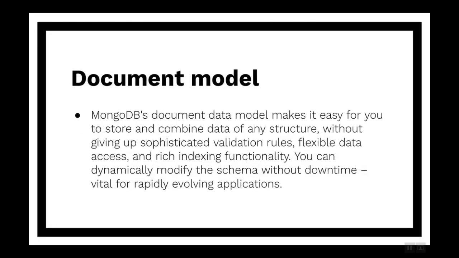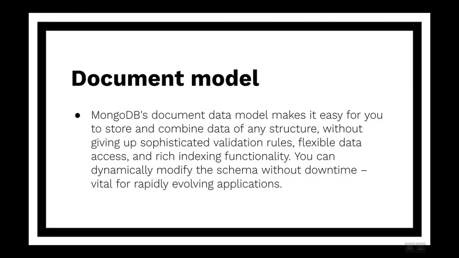All right. So moving on to the data model, like I mentioned, MongoDB's data model makes it easier to store and combine data of any structure. That means it has a flexible schema, and MongoDB has a concept called collections, which we'll see in just a moment, which do not enforce the document structure by default.